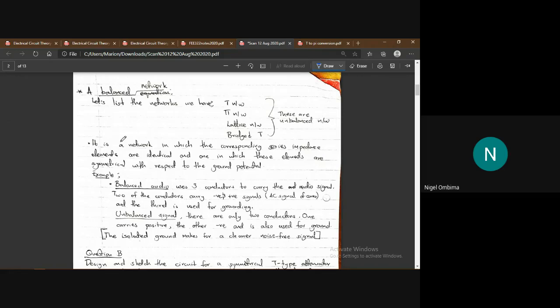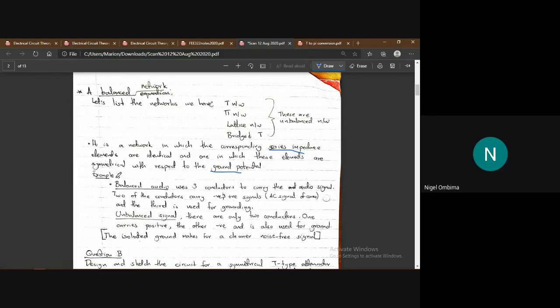A balanced network is a network in which the corresponding series impedance elements are identical, and in which these elements are symmetrical with respect to the ground potential. So later on, a lattice network can become a balanced network. I didn't actually find an easy explanation for this. I found it in some dissertation, I didn't find it in books.